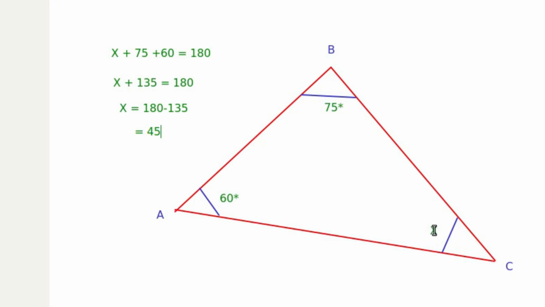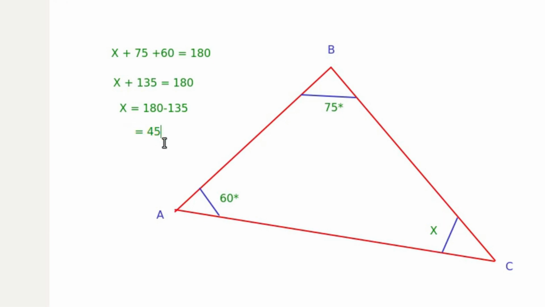So this X plus 75 plus 60 is equal to 180. So again, X plus, add these two, 135 is equal to 180. And again, X is equal to, so you can subtract 135 from 180. 180 minus 135, then you get 45.